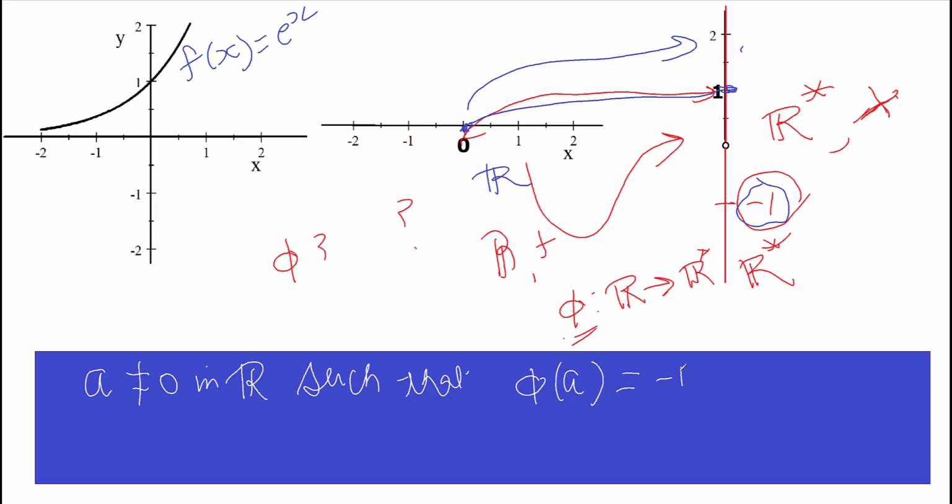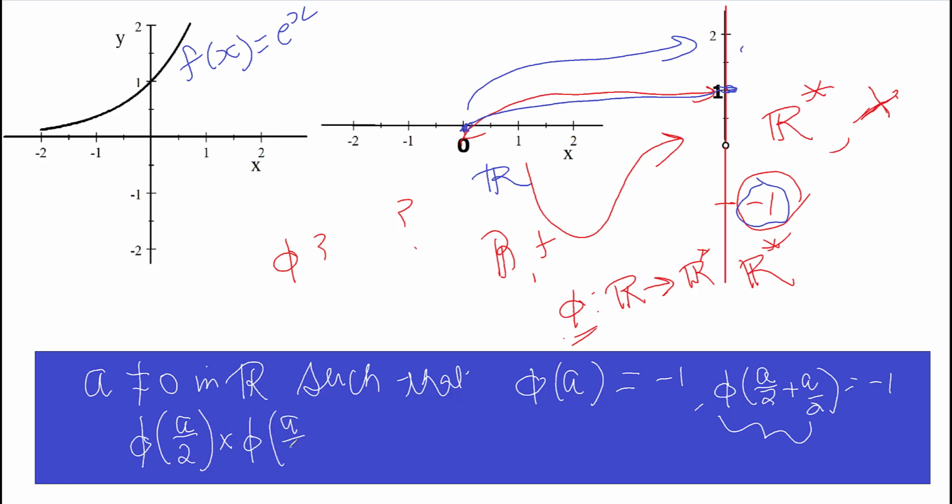Now, if you look at phi of a, I can split it as a/2 + a/2. Then the image will be phi(a/2) times phi(a/2), right? Because of the operation preserving property.